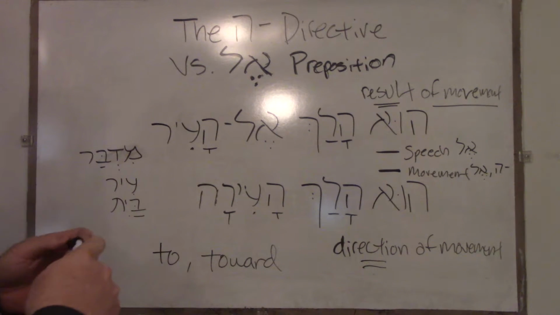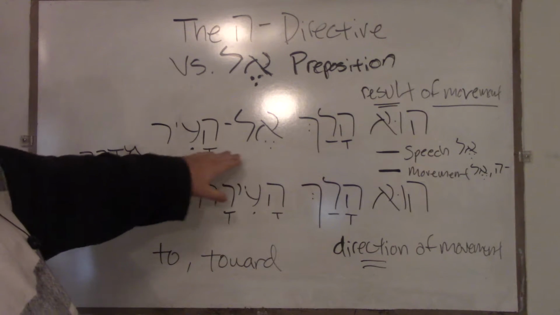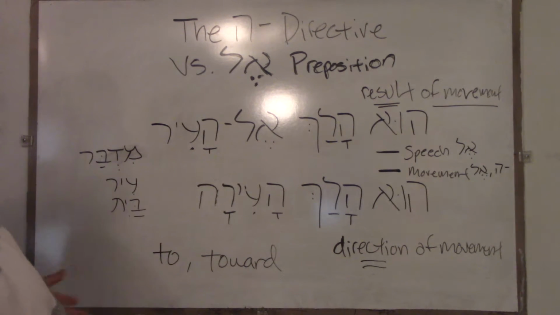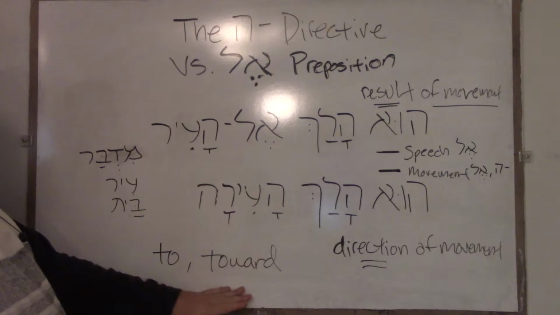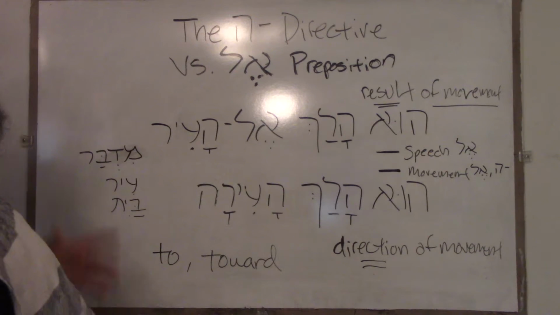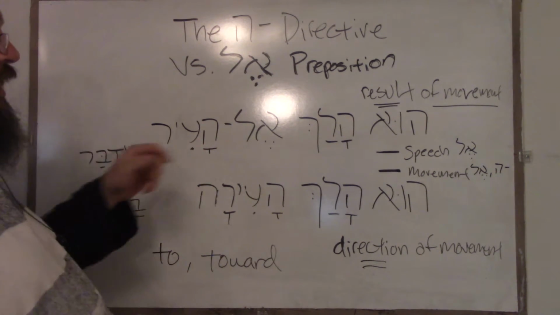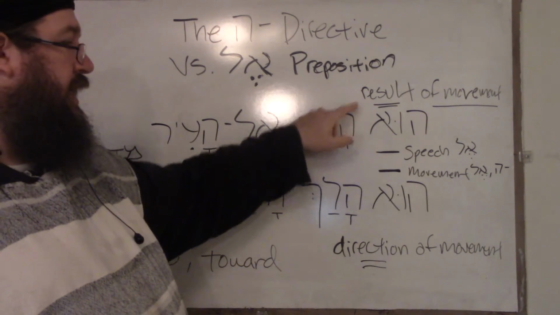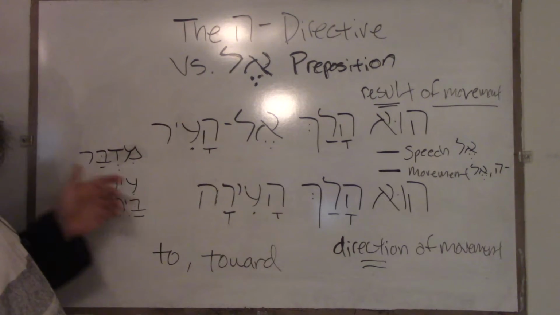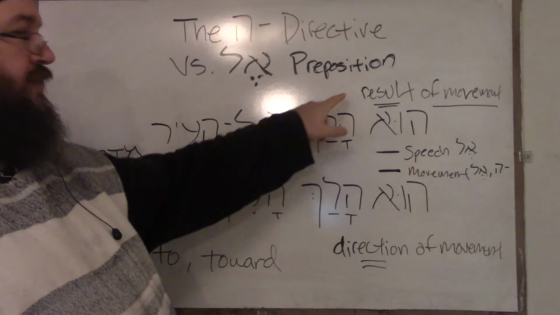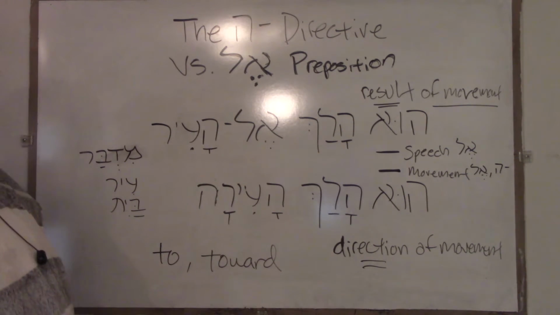Now, the same thing can be said: he went to the wilderness, el hamidbar, or you could say he went hamidbara, which is toward the wilderness. Notice the differentiation. If I'm using el hamidbar, I'm talking about the result, not the direction. When I use hamidbara, I'm talking about the direction and not the result. And that's the part we really have to understand.